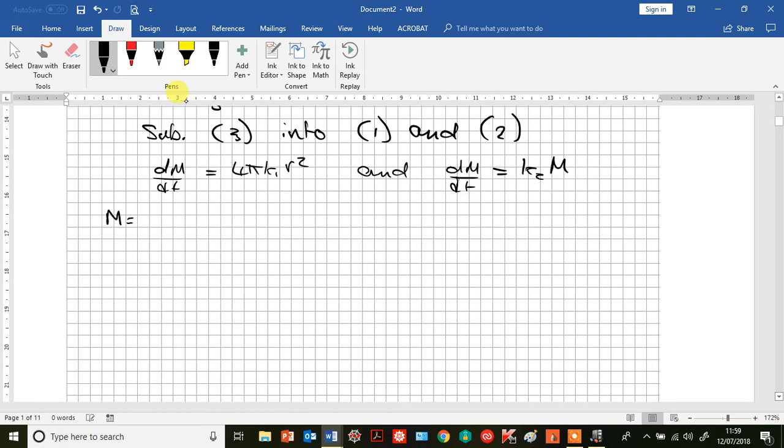Since m is equal to 4/3 pi rho r cubed, we'll put that in.